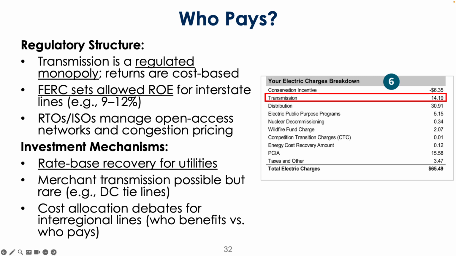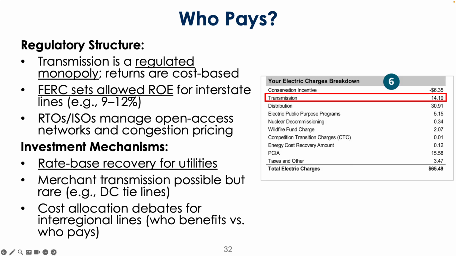What does the merchant transmission entail? This has to do with the ownership structure and the way that you charge, the way you cost recover. So most transmission lines are owned and operated by utilities, which are regulated in certain ways.